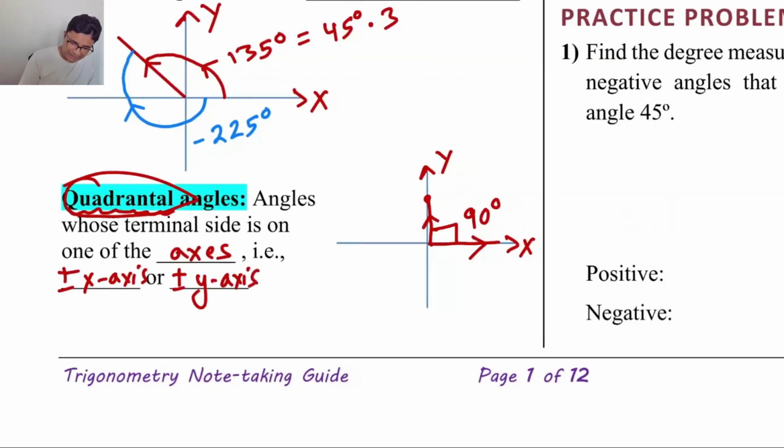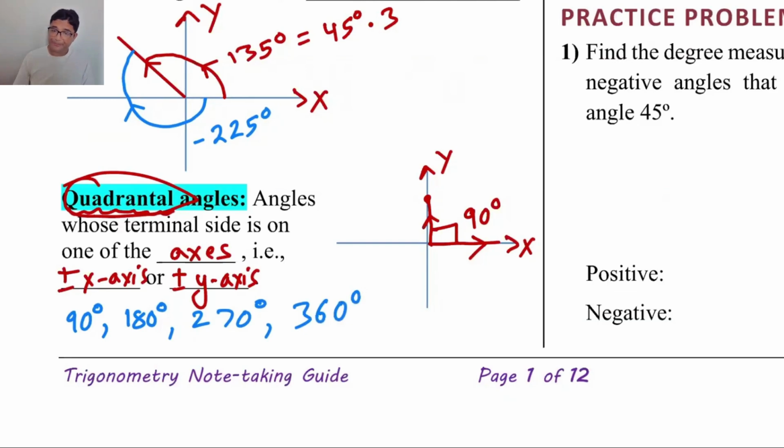Okay, so I can list them here. Actually, what are going to be the quadrantal angles? They will be 90 degrees, 180 degrees, 270 degrees, and then when you complete the whole thing, it will be 360 degrees. Okay, here 90 degrees, 180 degrees.